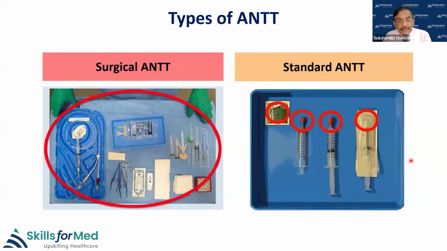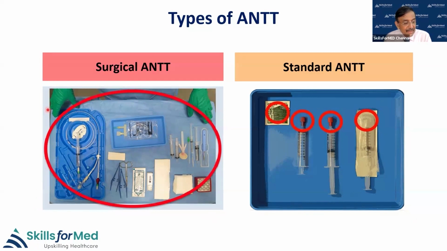Now we are coming to the two types of ANTT. As I said, ANTT is already practiced to the maximum in the theater, so that is surgical ANTT. The standard ANTT is what we use at the bedside, for clean procedures and sterile procedures done at the bedside. In surgical ANTT, there is a large sterile area.